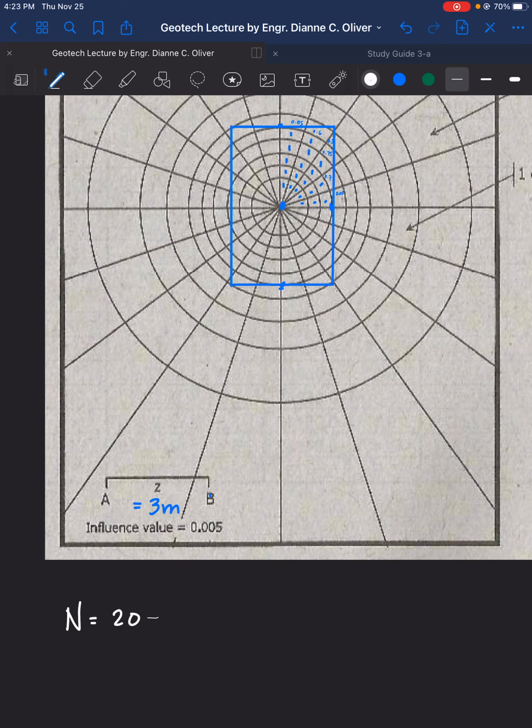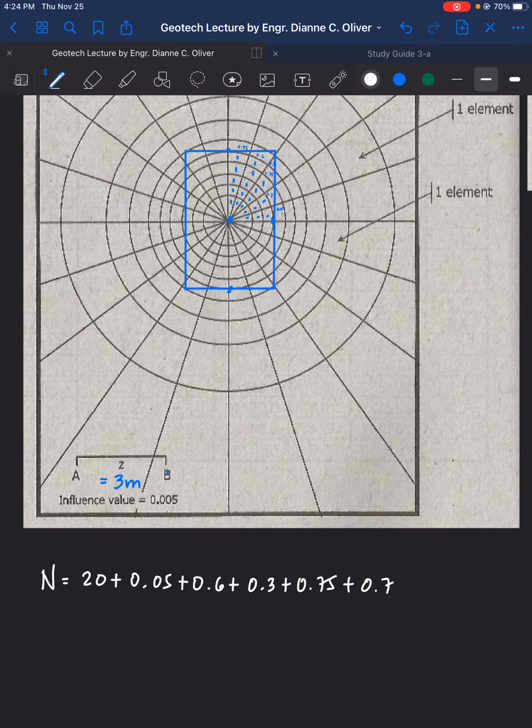So 20 plus 0.05 plus 0.6 plus 0.3 plus 0.75 plus 0.7, then we have plus 0.05. Okay? Again, this is approximate.